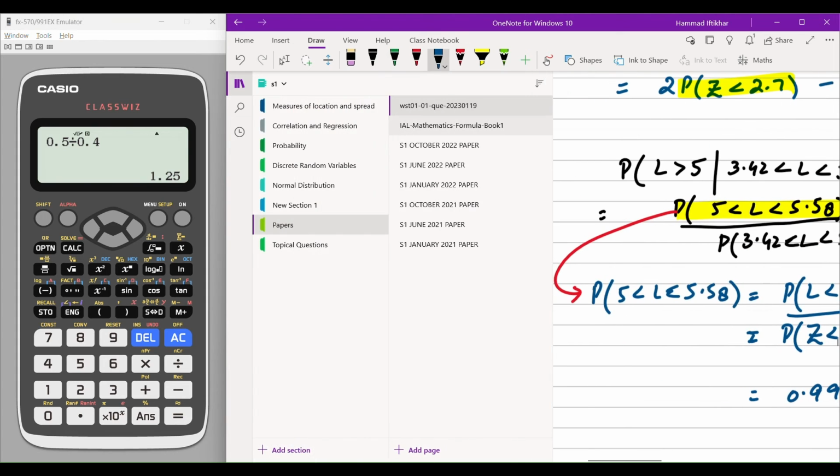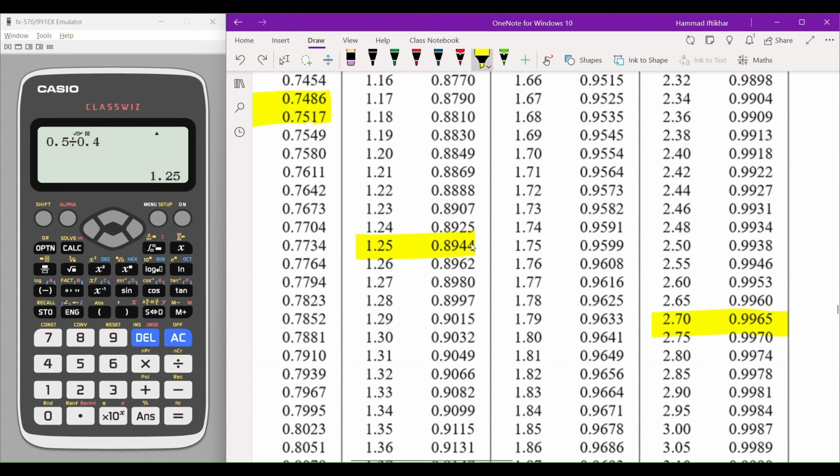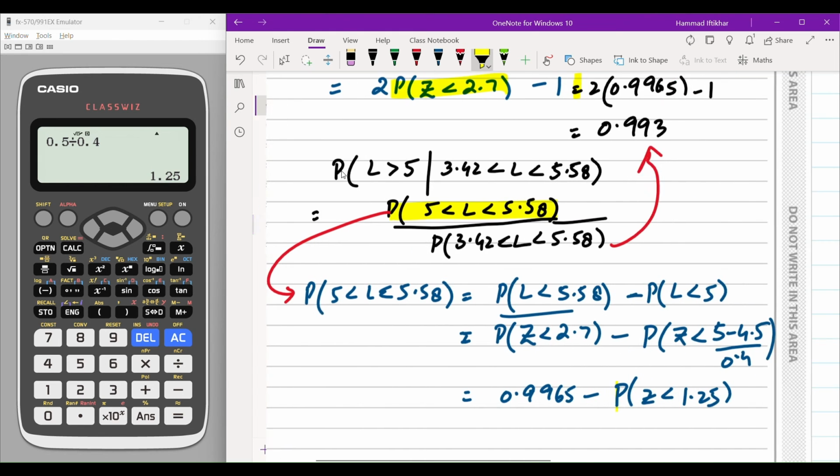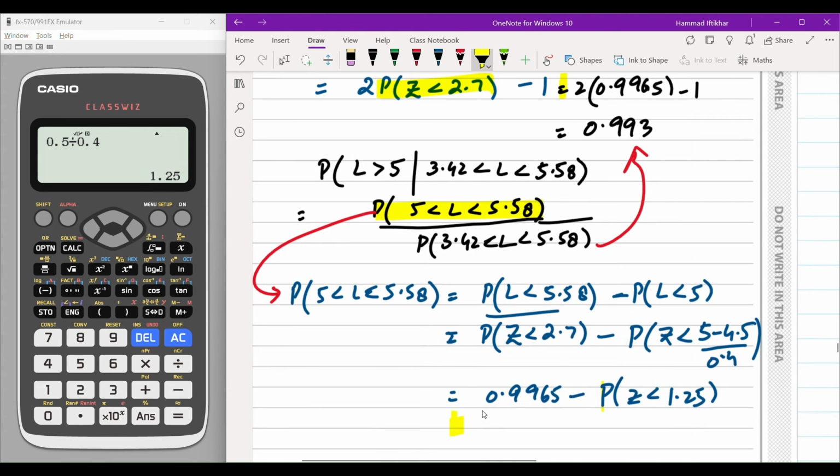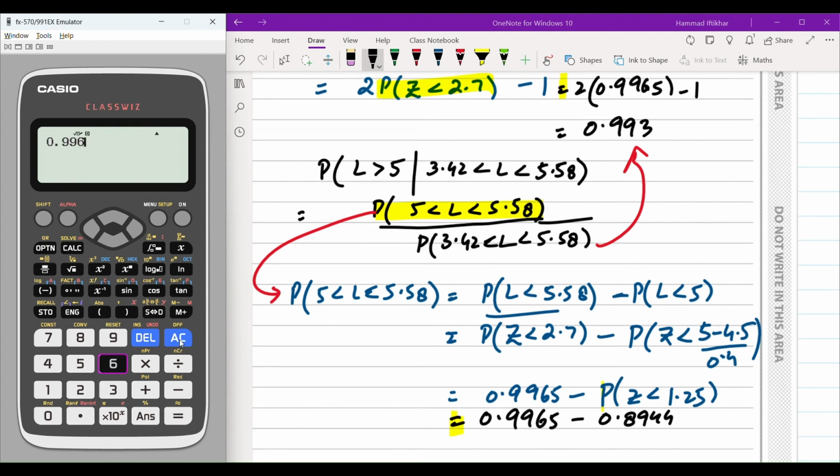Okay, so we go back to the table: 0.8944. So z less than 2.7 we found to be 0.9965, minus 0.8944, that is 0.1021.